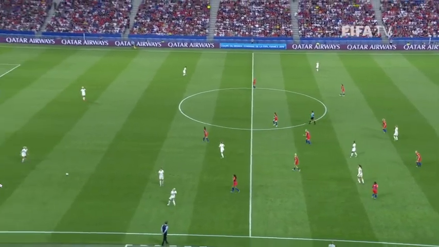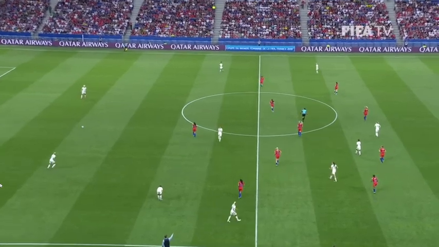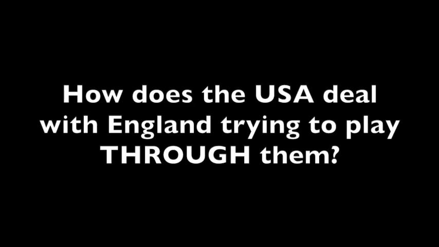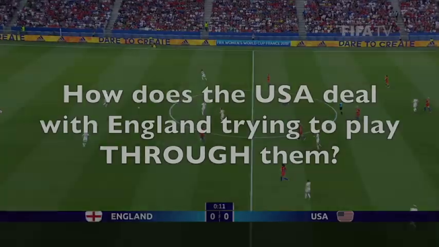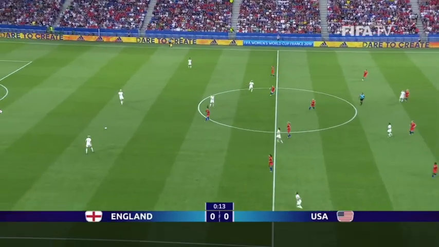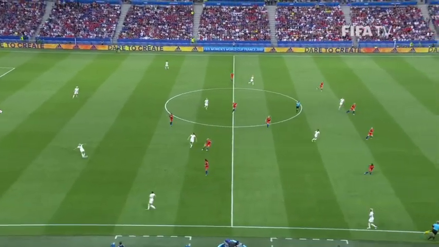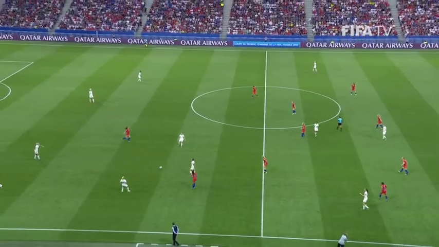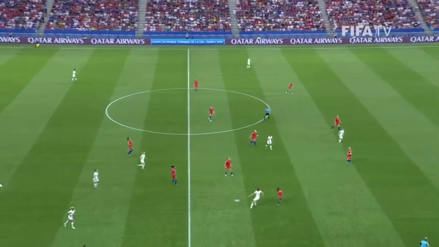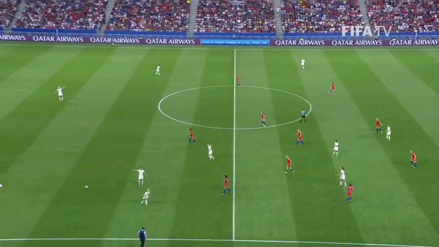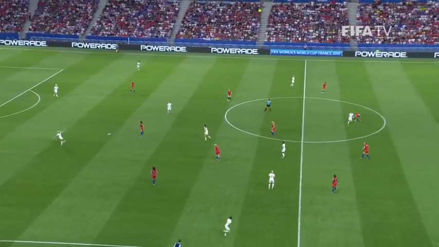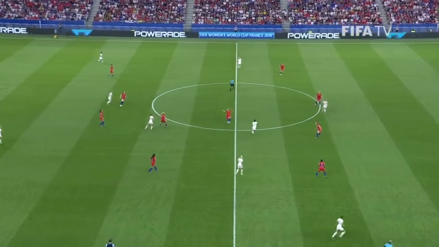The reigning champions, the United States. Steph Houghton with the forward ball. Daly. Here's Walsh.